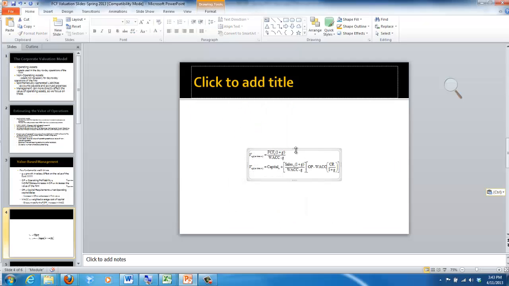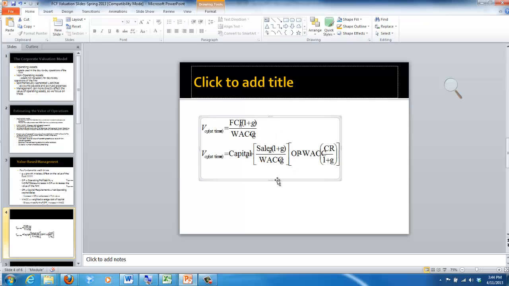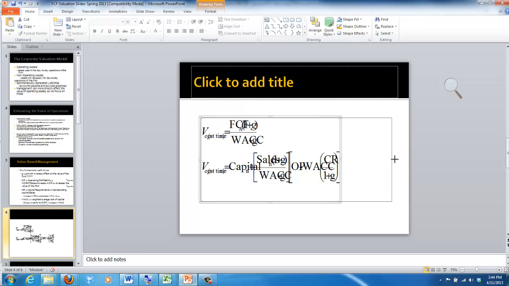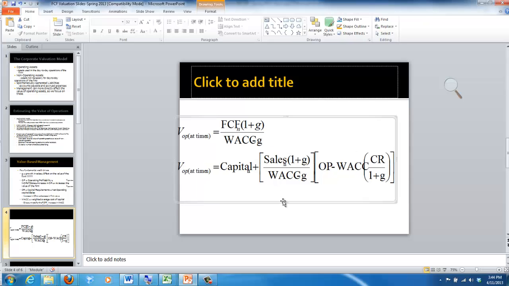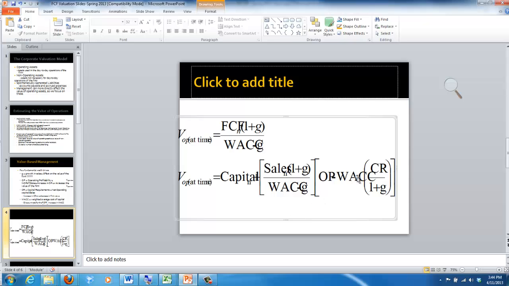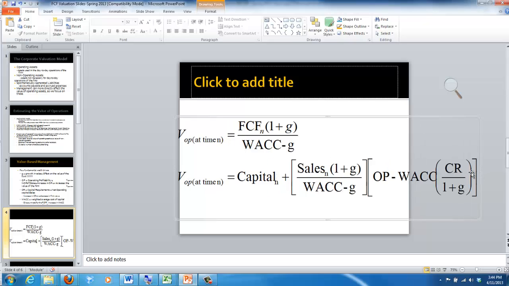So the first equation that I have on here should look familiar. It's the constant growth model for the free cash flow valuation model. So in this case, if I can get it to look right, which I'm not being very successful at. There we go. That looks a little better.